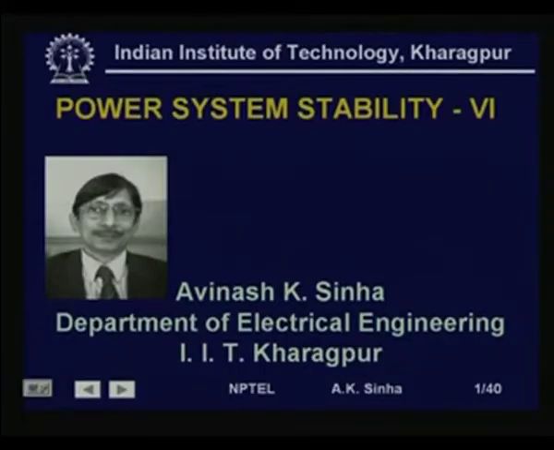And in the last lesson, we talked about a method called equal area criterion for studying the rotor angle stability analysis or the transient stability analysis of a single machine connected to infinite bus system. In this lesson, we will continue with that discussion.